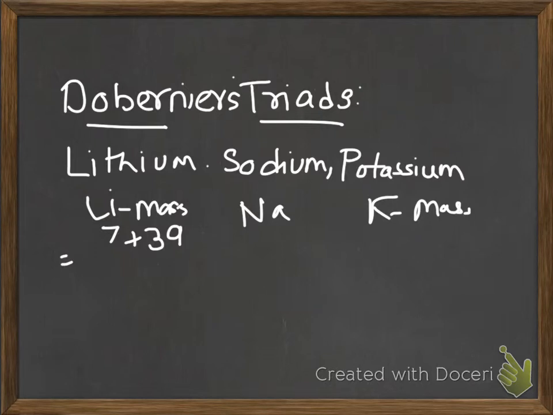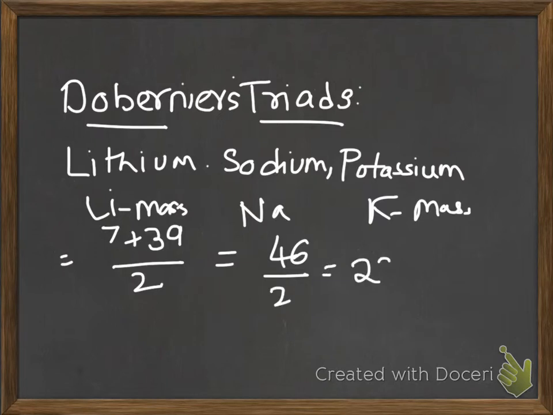Arithmetic mean is the average, you can think. So 7 plus 39 divided by 2, because he added only lithium and potassium. So how much do we get? 46 divided by 2 gives 23. So what is 23 here? This is the mass number of sodium. So this is the method by which Dobereiner classified the elements.